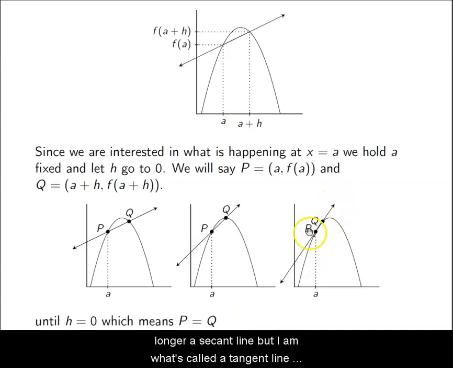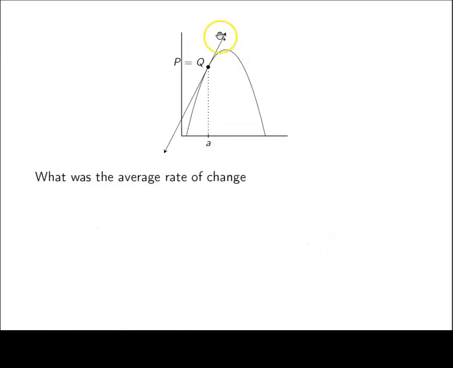And I'm no longer a secant line, but I am what's called a tangent line. So I only intersect my function now at one point. So P equals Q. Okay. So what was my average rate of change? I've now taken the limit as the distance between the 2 points got smaller and smaller and smaller.